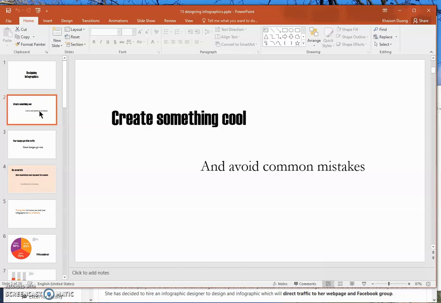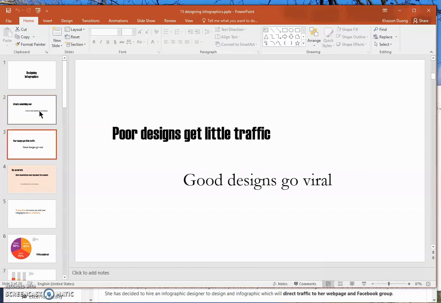Creating something cool means that you want to choose something that's going to catch people's attention. You want something that's going to be really popular, perhaps even go viral, something that's going to get a lot of clicks, a lot of views, a lot of traffic.